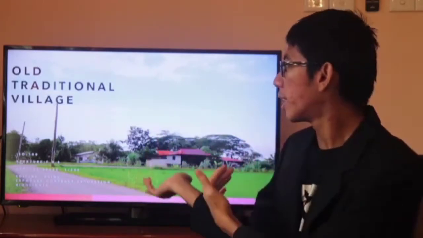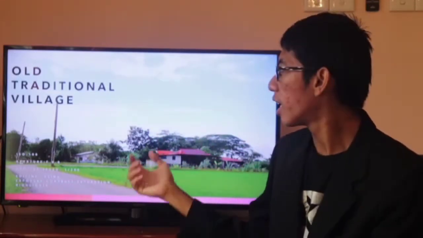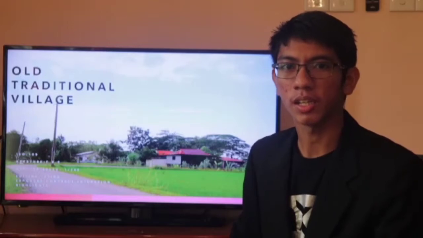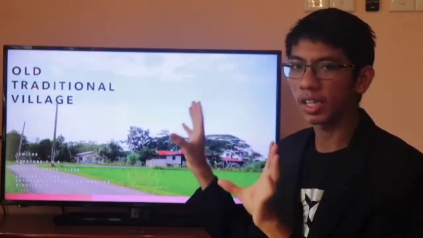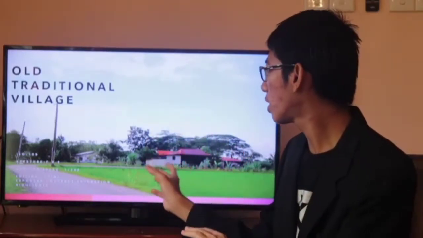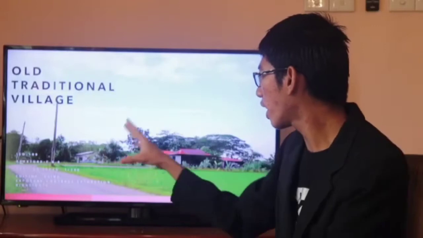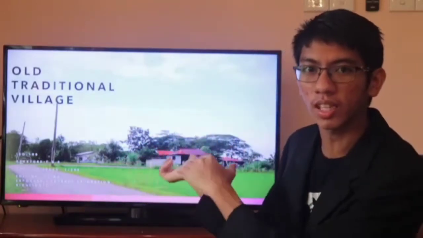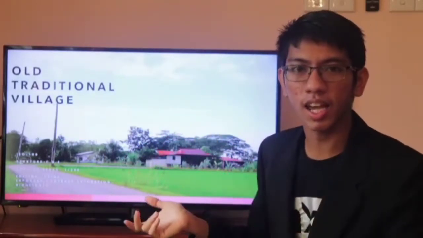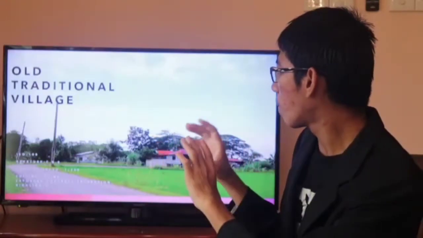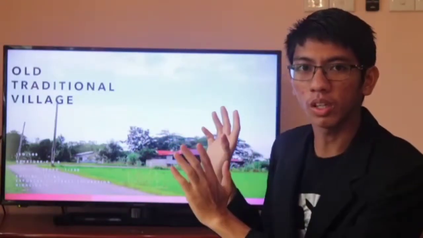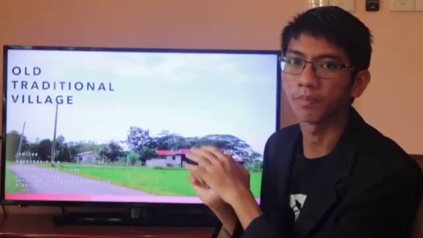Okay, next is the fourth picture and the second last picture, which is all about a traditional village. The concept that we see in this picture is that it looks more bluish for the sky and also greenish on the side of the village itself. We see that the picture looks better when we took it from this angle.